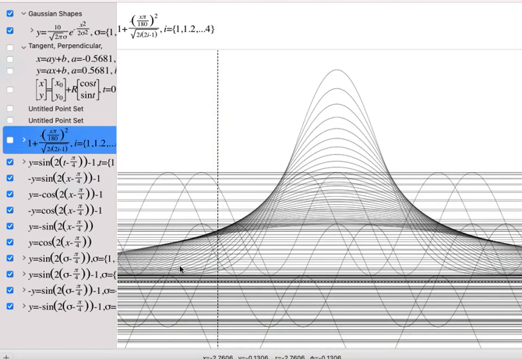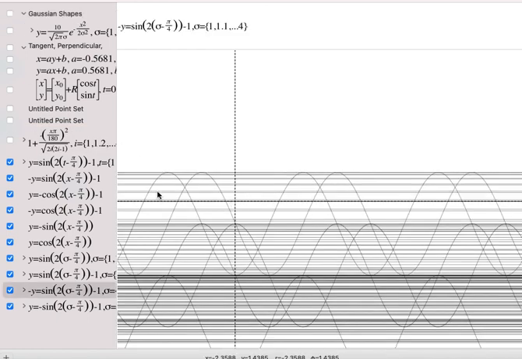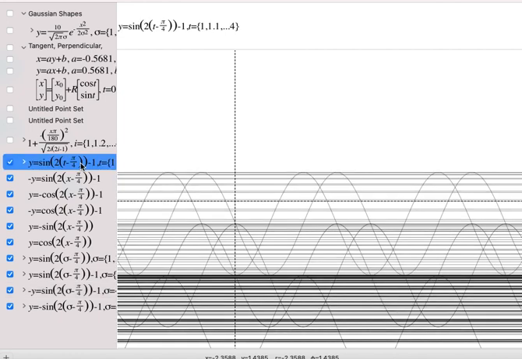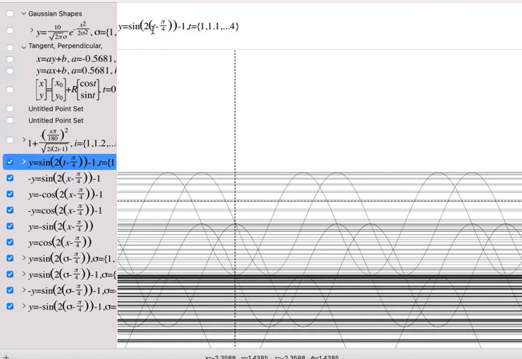So anyway, let me take off the Gaussian. This is pretty cool, because what I did was I basically translated each of these, and some of these have T that's supposed to be an X though.